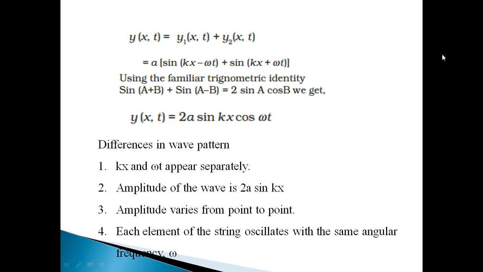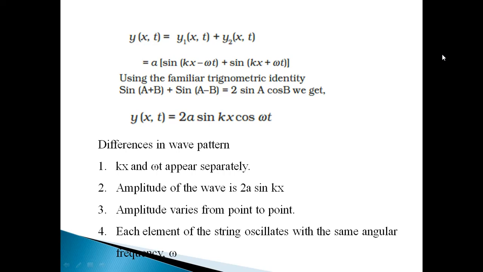Now 2a sin kx together is the amplitude of the wave, and cos omega t shows the movement of the wave, where omega is the angular frequency of the resultant wave. Let us see some differences in the resultant wave pattern. Here kx and omega t appear separately. That means kx is with the sine function and omega t is with the cosine function.